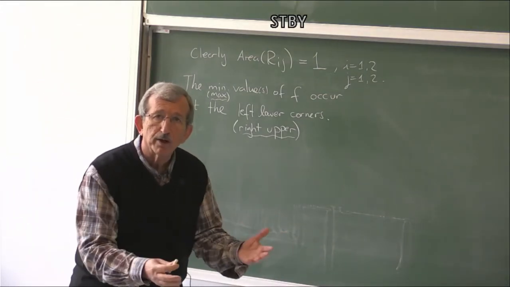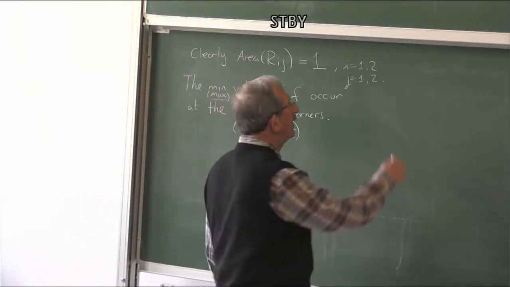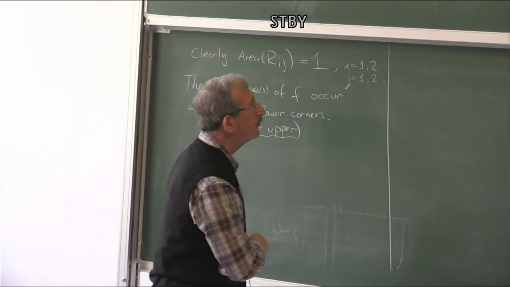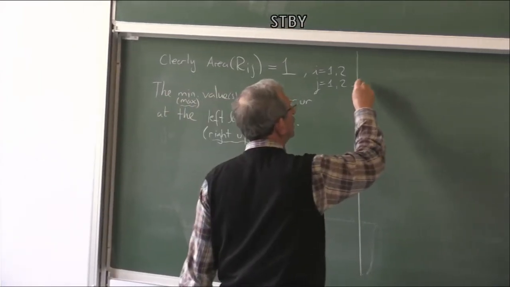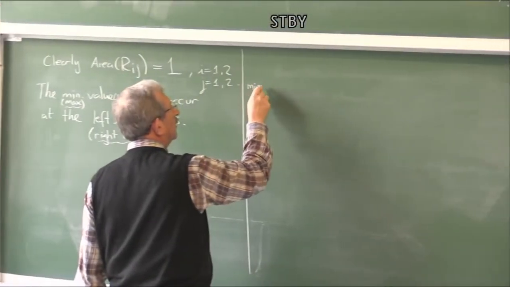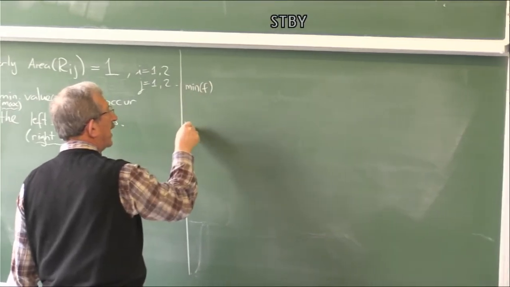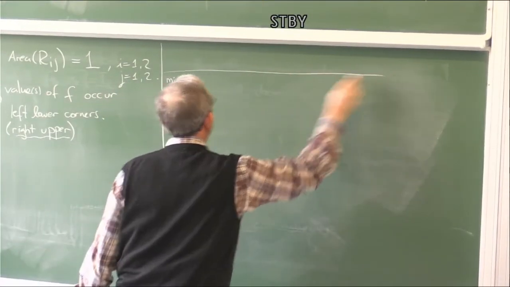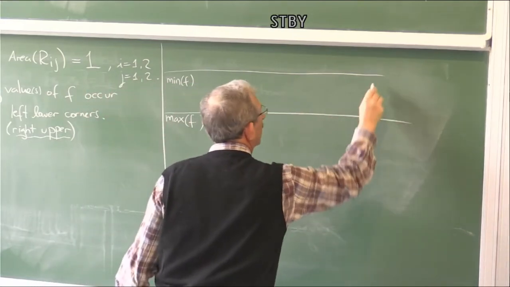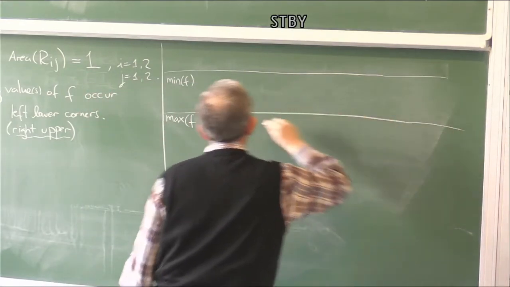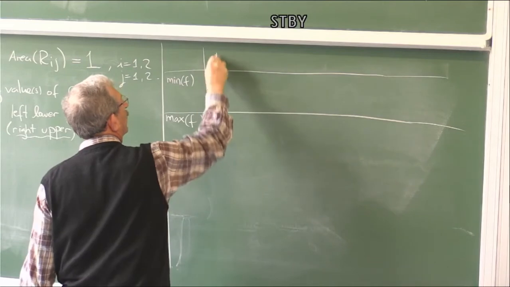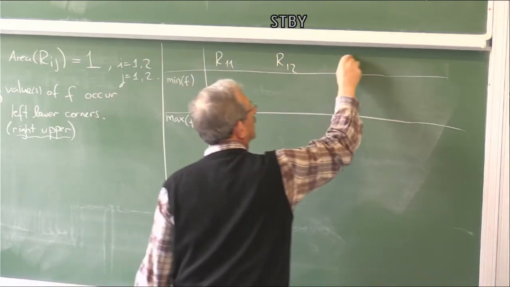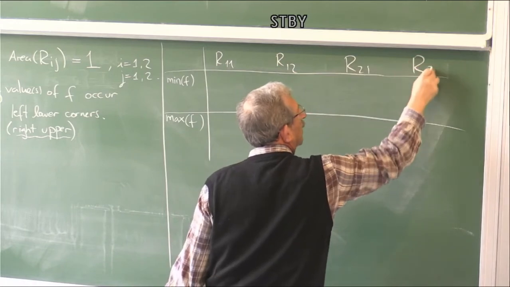So let us make a table. Let us calculate the minimum of f and the maximum of f when we are in R11, in R12, in R21, and in R22.